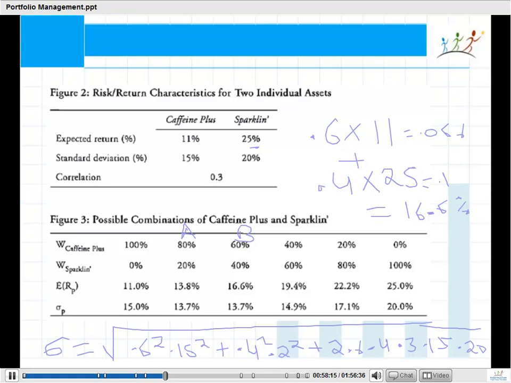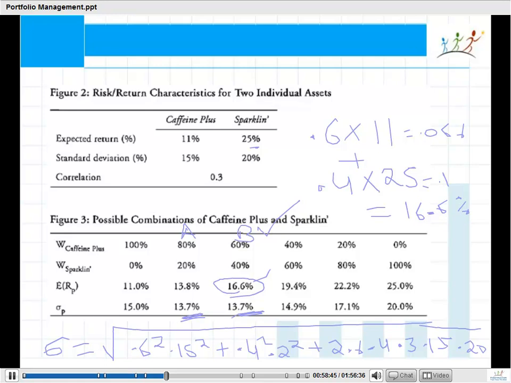Portfolio A or portfolio B? Investors are risk averse. For the same risk, they will want higher return, and for the same return, they will want lower risk. So, investors are more likely to invest in portfolio B because for the same risk, portfolio B is giving a higher return.